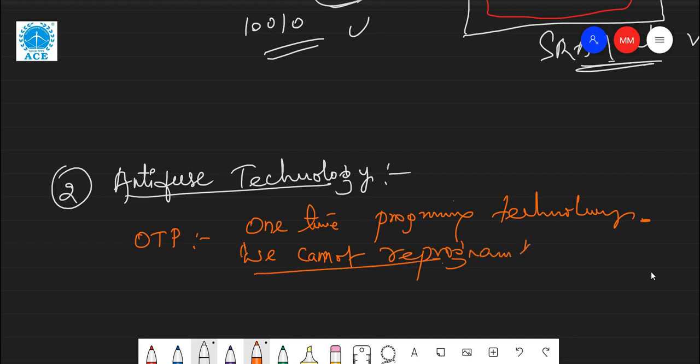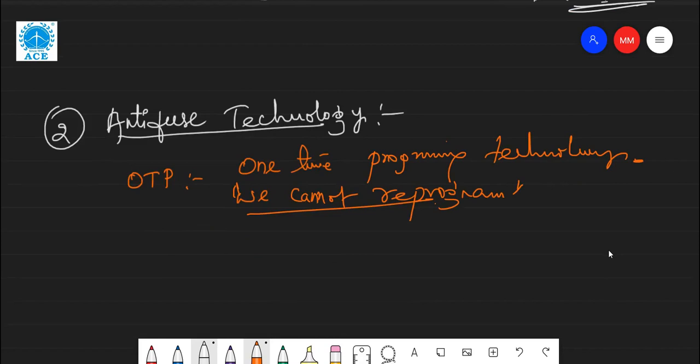So this is one type of confusion which I get. Basically, FPGAs are programmable.